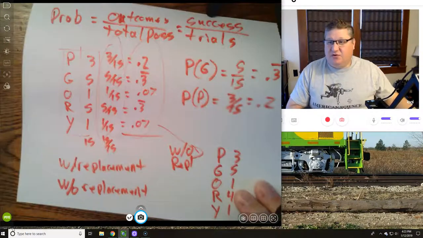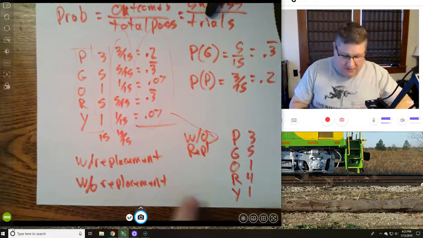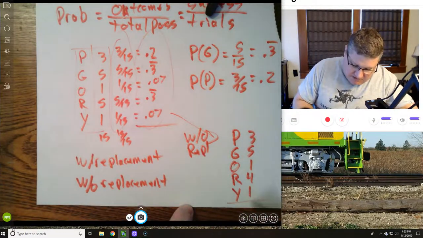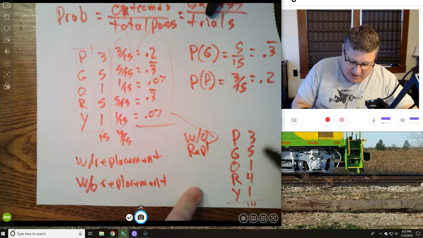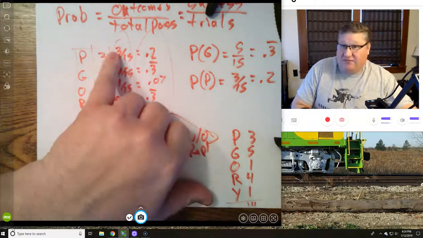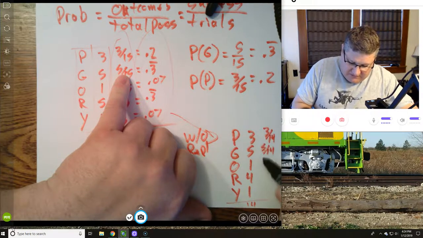But see, that's not the only change that we made. If that were the only change, that may not be that big a deal. But now, if I add them up, there's only 14. So now it's not 3 out of 15 like it was before. It's now 3 purples out of 14, 5 greens out of 14, 1 out of 14, 4 out of 14, and 1 out of 14.